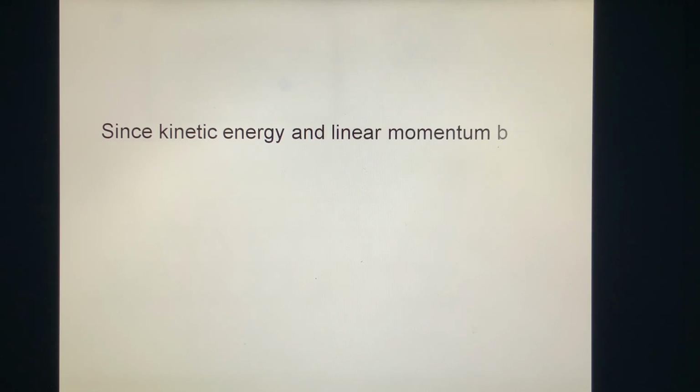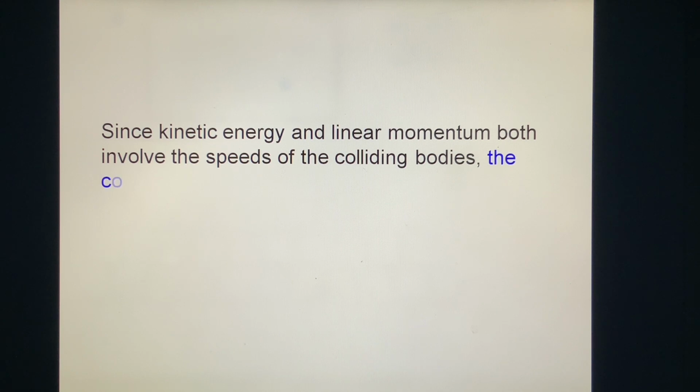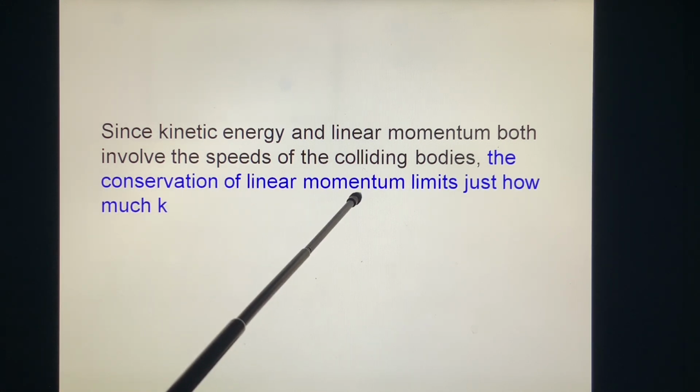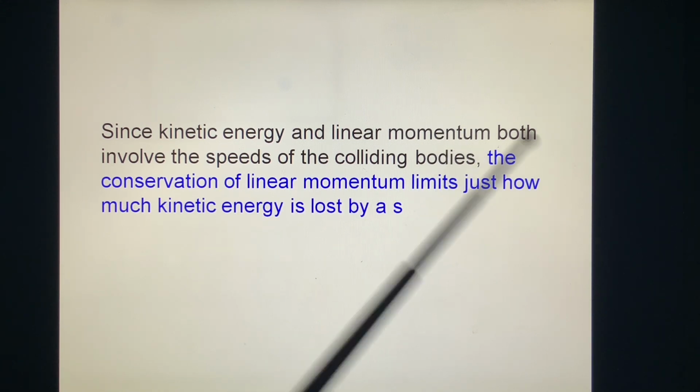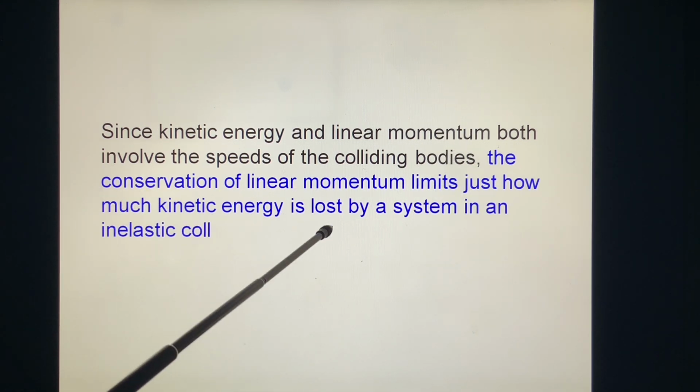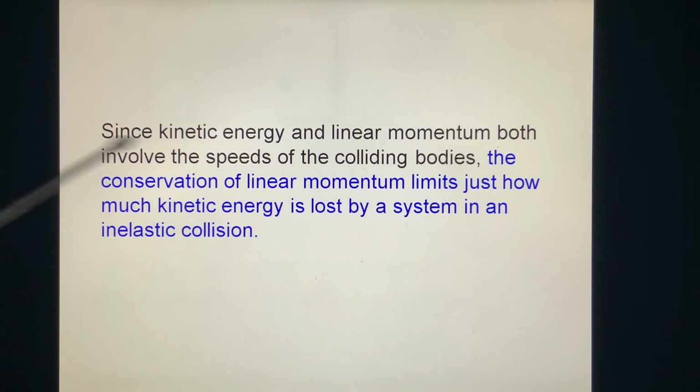Since kinetic energy and linear momentum both involve the speeds of the colliding bodies, the conservation of linear momentum limits just how much kinetic energy is lost by a system in an inelastic collision.